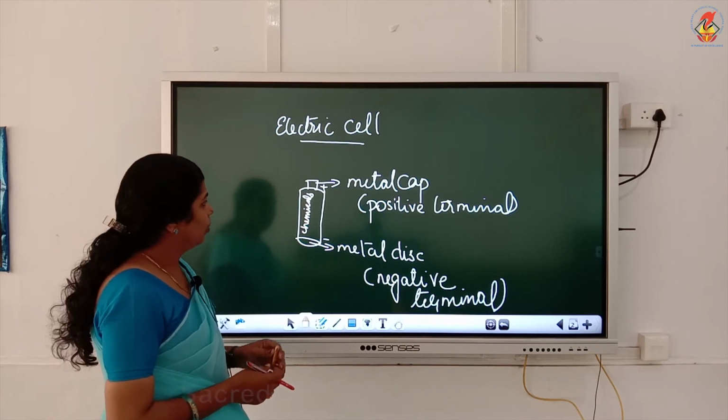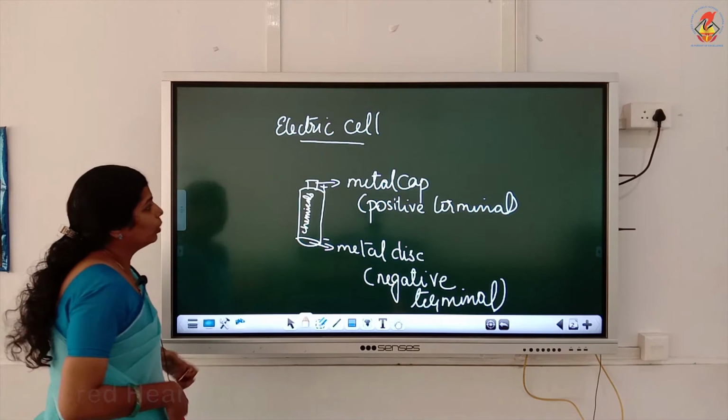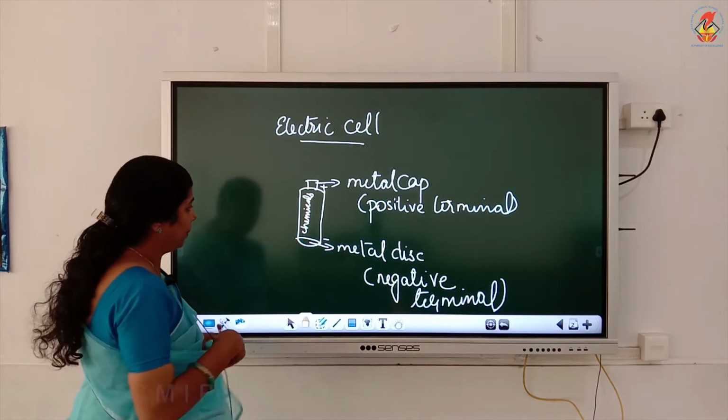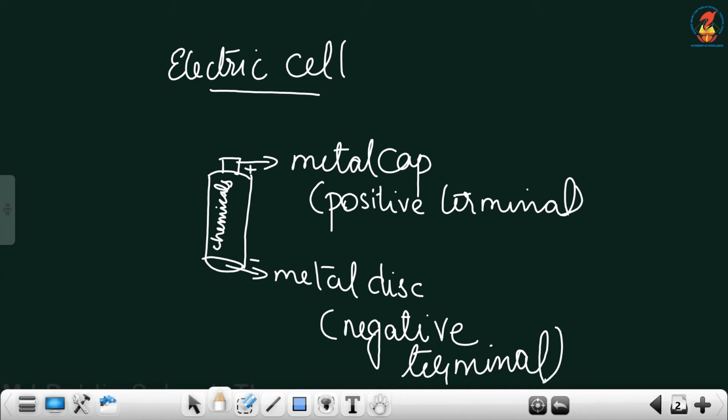Now, how will you draw the symbol of an electric cell? I told you two terminals are there, one longer line and one shorter line like this.